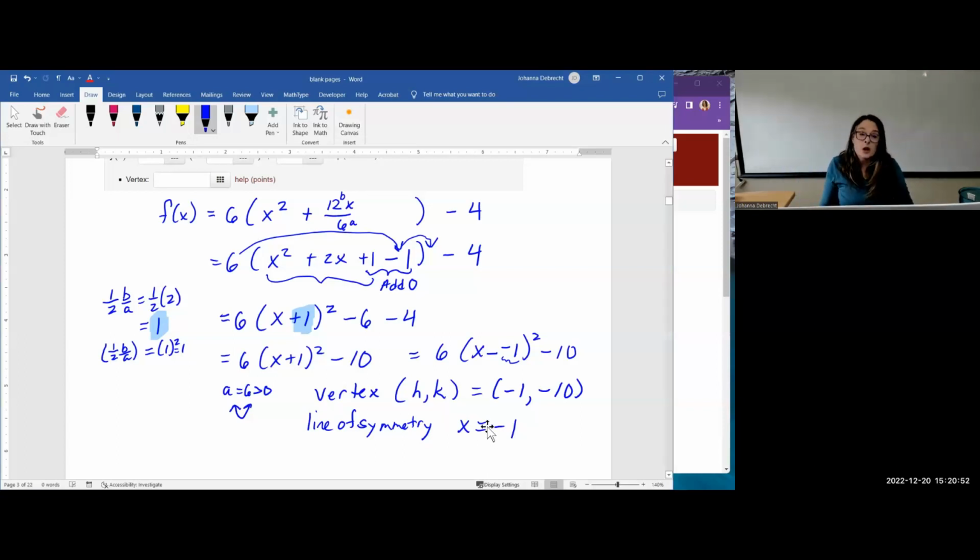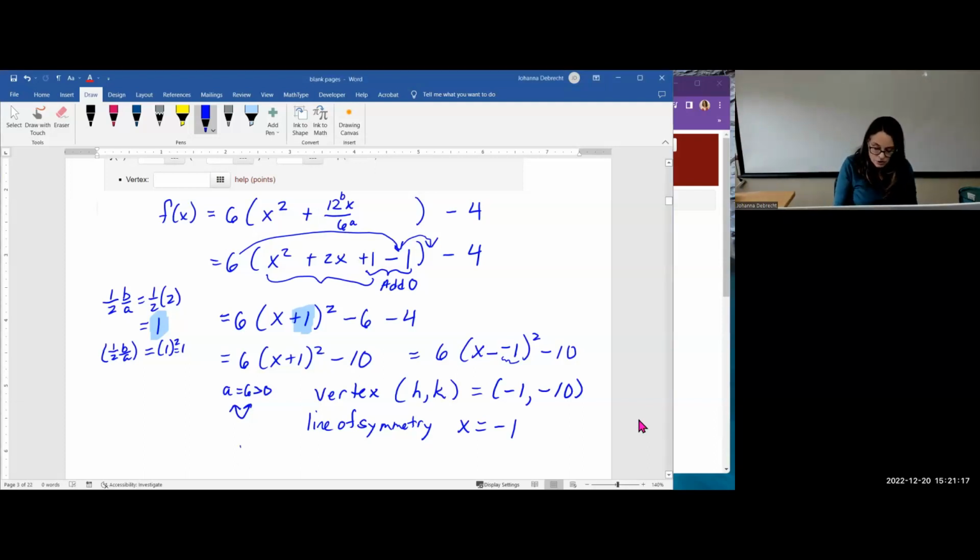Now, what about our domain and range? We know that it has to look something like this right here. It has to open up, and we know the coordinates of the point at the bottom have to be -1, -10. So it uses a y value of -10, and then it goes up. So again, the arms spread out forever. So eventually it uses all x values to the left and to the right.